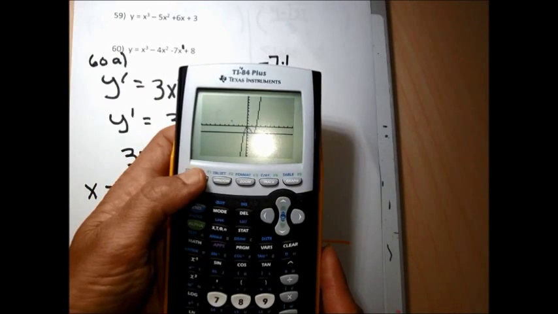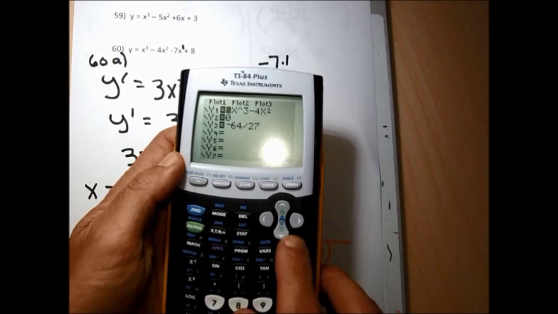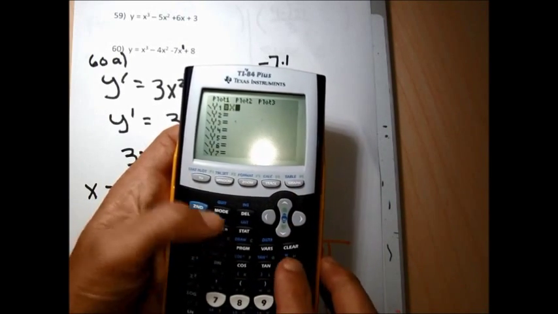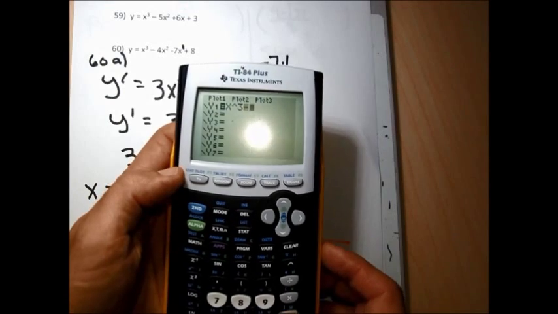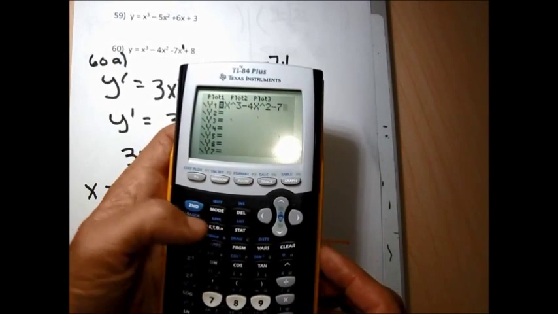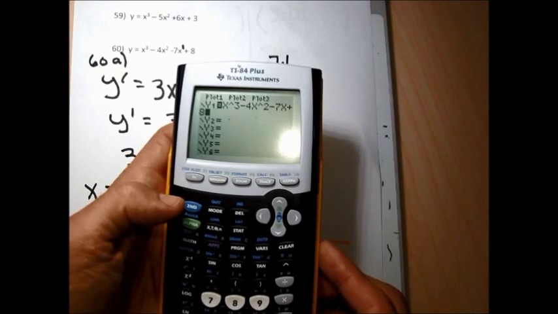So to get these y values to finish up 60B, I'm going to take the function before I took its derivative, x^3 minus 4x^2 minus 7x plus 8.